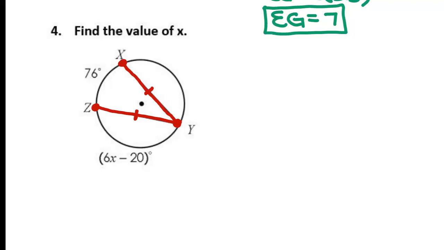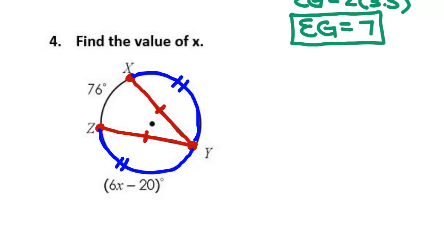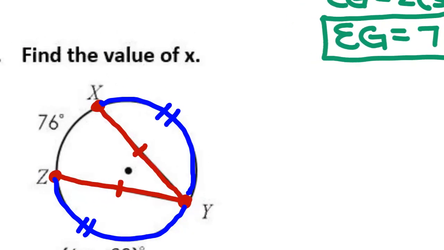If those two chords are congruent, what does that mean about arc ZY and arc XY? They are congruent. So what would the measurement of arc ZY be? (6x minus 20), yes.